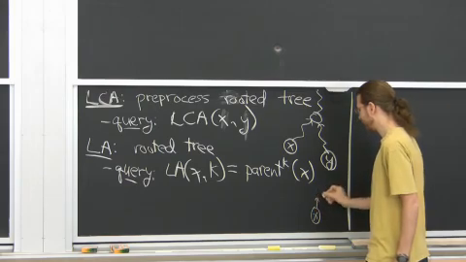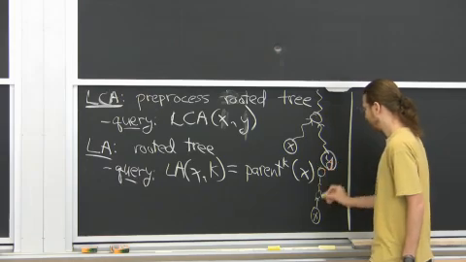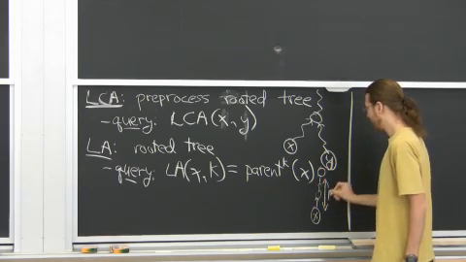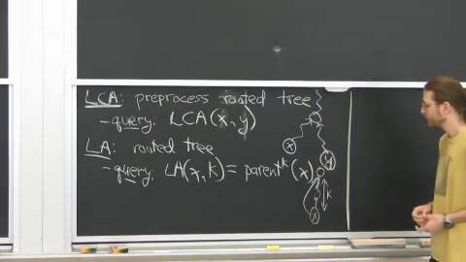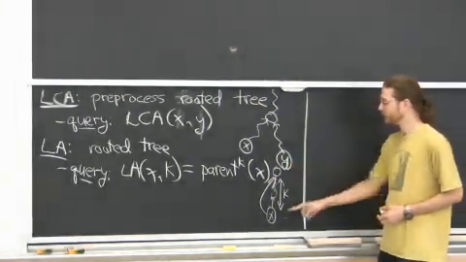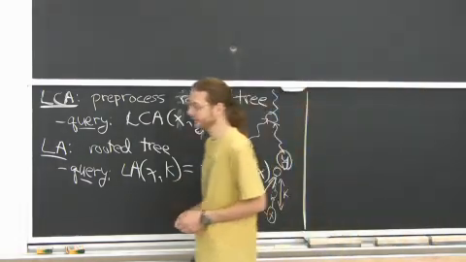The first ancestor is its parent. Eventually, I want to get to the kth ancestor. So I want to jump from x to there. So it's like teleporting to a target height above me. Obviously, k cannot be larger than the depth of the node.